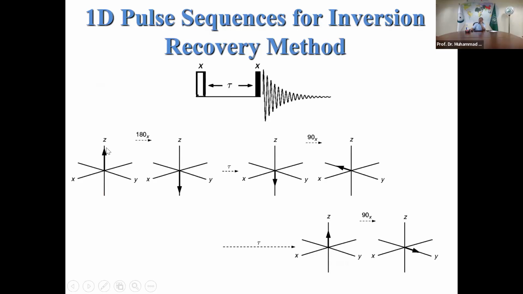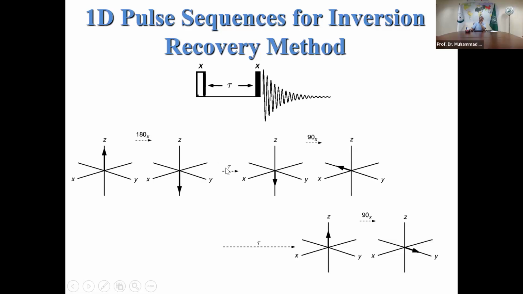This is your M naught, longitudinal net magnetization. A 180 X pulse or Y pulse, it doesn't matter, it will come to this position. And now you know that you cannot record that, because your detector is on the XY plane. You give a tau, a time delay.